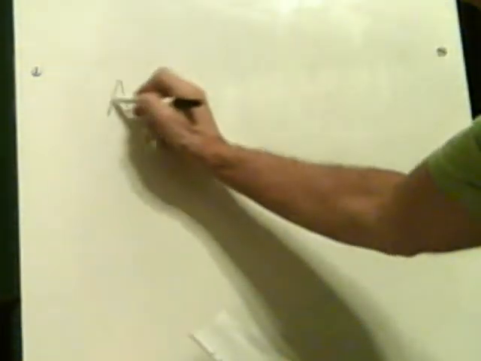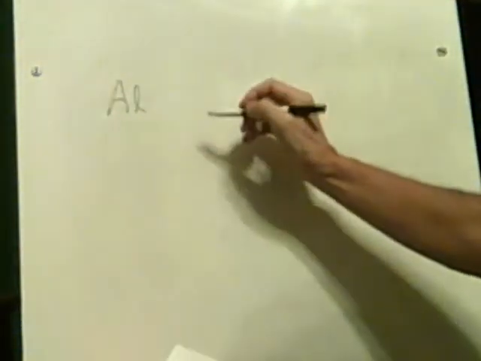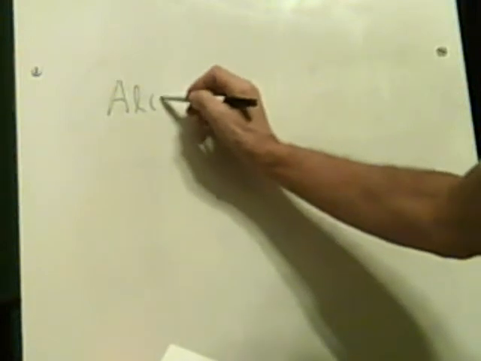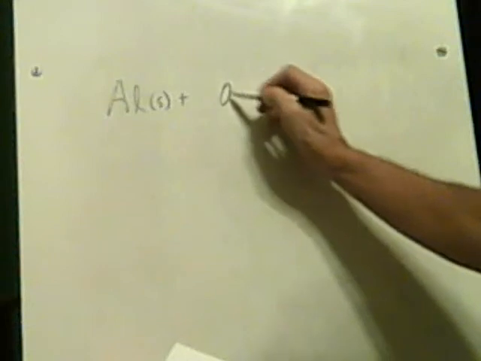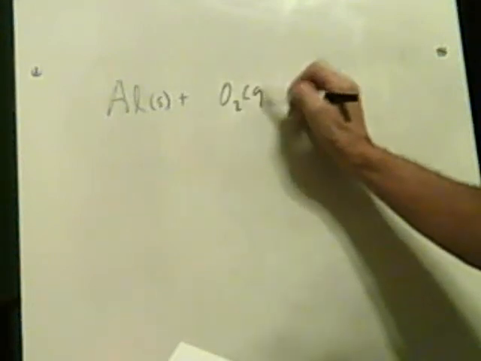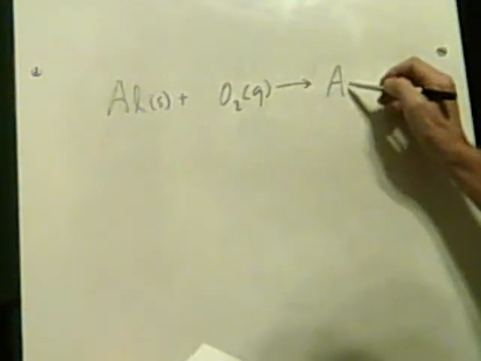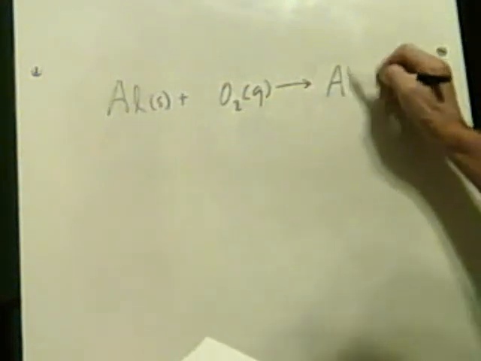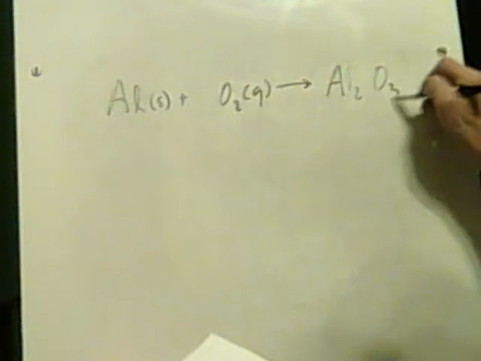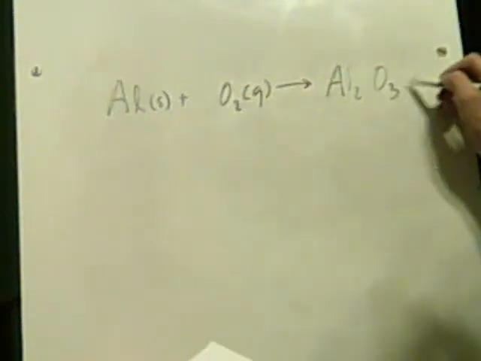Okay, we haven't come up against anything that's been terribly difficult because this procedure is working every time. Okay, this is aluminum plus oxygen as a gas makes aluminum oxide. This is just the oxidation of aluminum. Okay, and that's a solid.